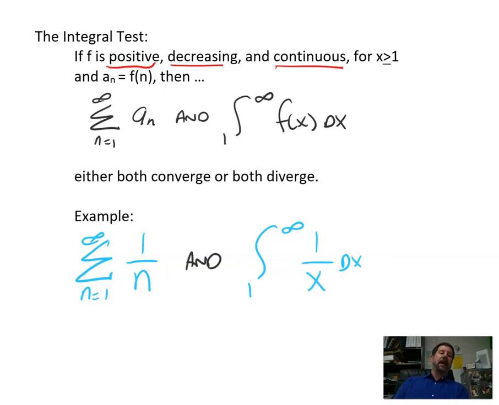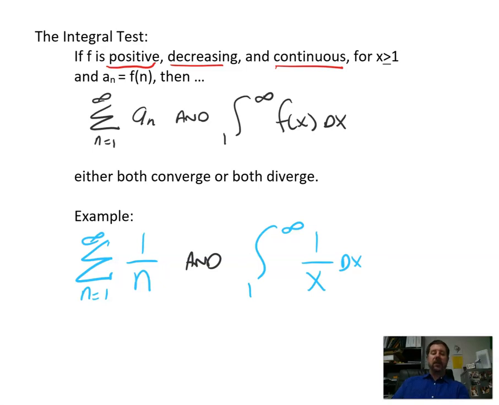But because this integral diverges, we know that this series must also diverge. This series actually has a special name that we will pick up in our next lesson. I'm going to let that linger out there and let you think about it. A little teaser, if you will. Because the integral diverges, I know that this series is also going to have to diverge.